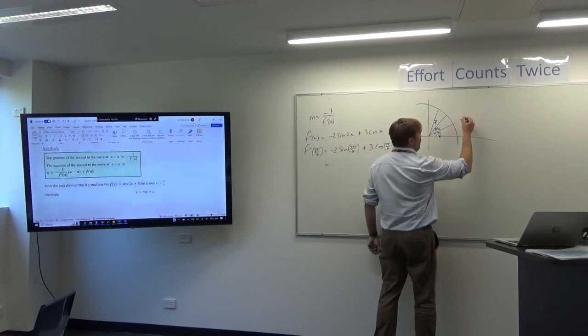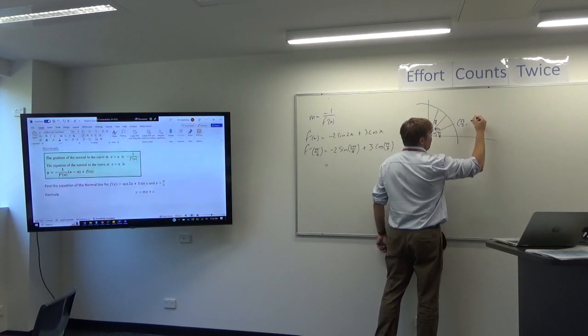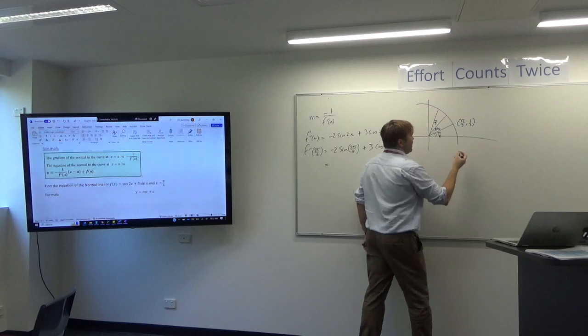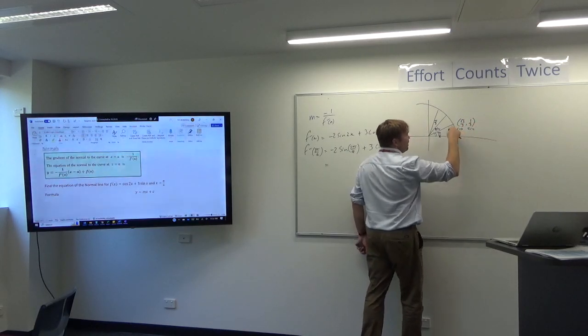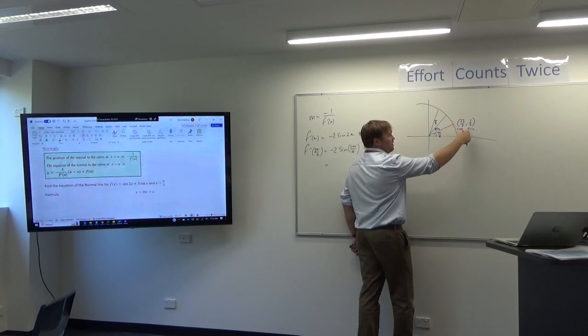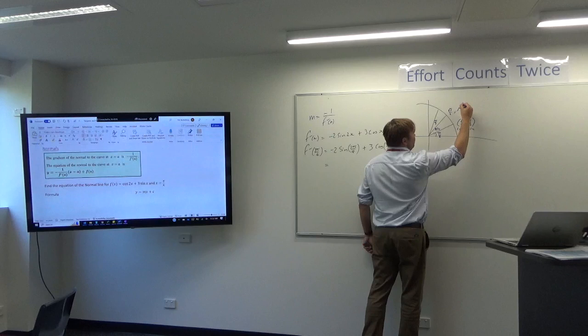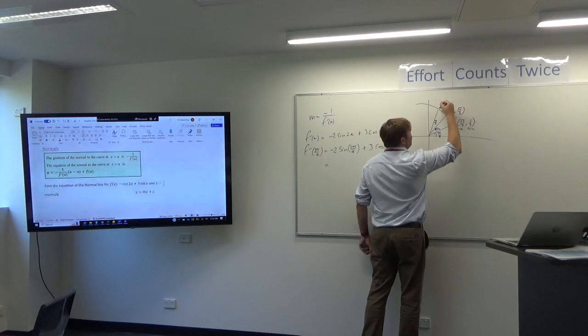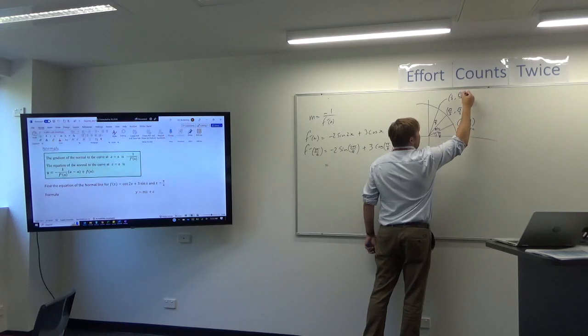So this one here is root 3 on 3, a half. Remember, this is the cos value, this is the sine value. That is root 3 on 3 across, a half up. This is root 2 on 2, comma, root 2 on 2. And this final one is a half, root 3 on 3.